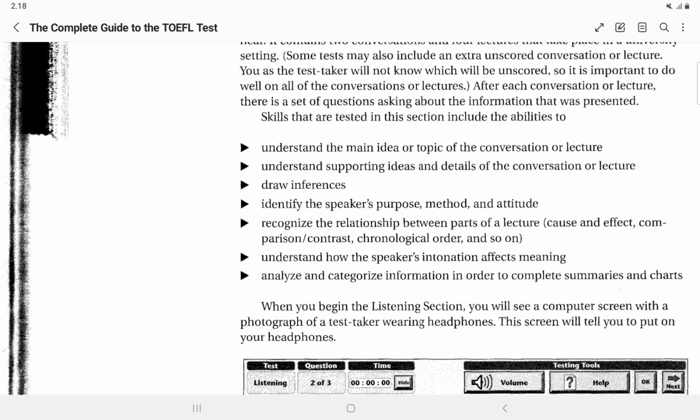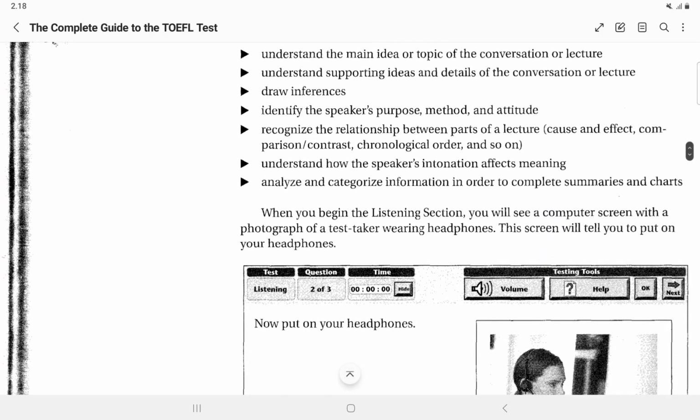Skills that are tested in this section include the abilities to understand the main idea or topic of the conversation or lecture, understand supporting ideas and details of the conversation or lecture, draw inferences, identify the speaker's purpose, method, and attitude, recognize the relationship between parts of a lecture, cause and effect, comparison, contrast, chronological order, and so on.